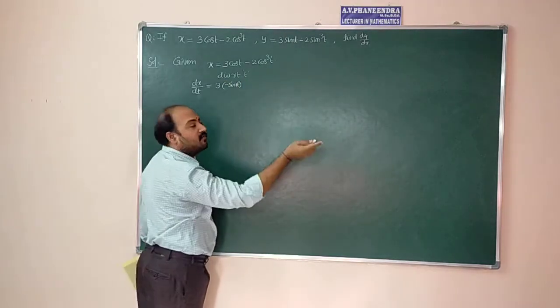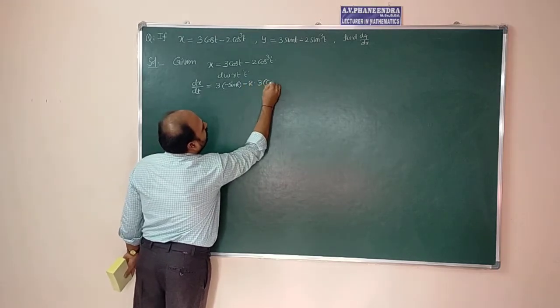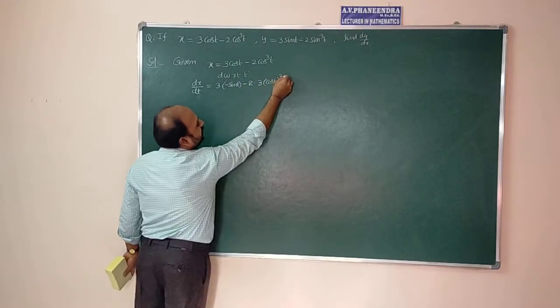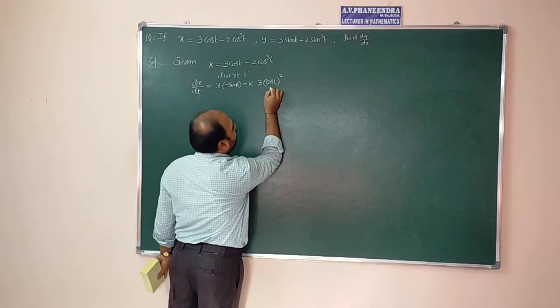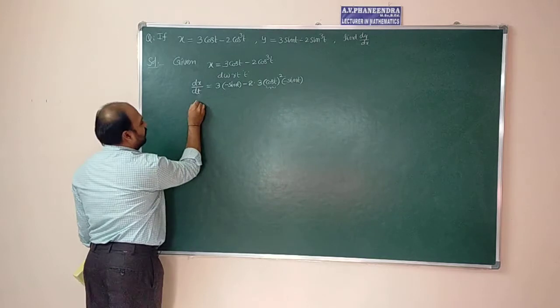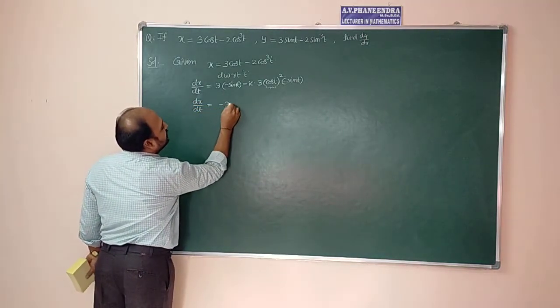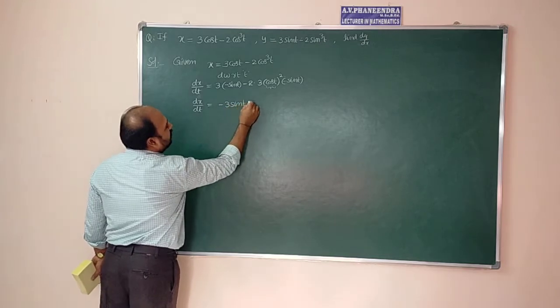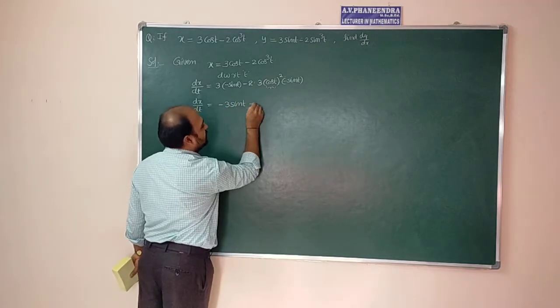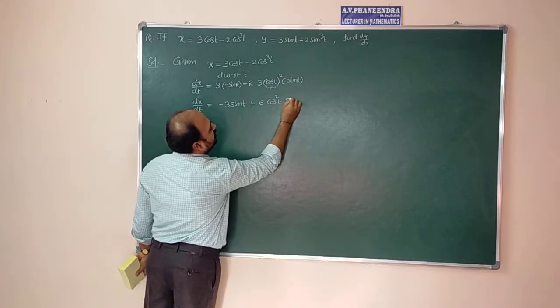So the f of x whole power n formula you can apply. Minus 2 into 3 into cos t whole power 3 minus 1, that means 2. Again, cos t derivative is minus sin t. Therefore, dx by dt is equal to minus 3 sin t, minus into minus plus 6 into cos square t into sin t.